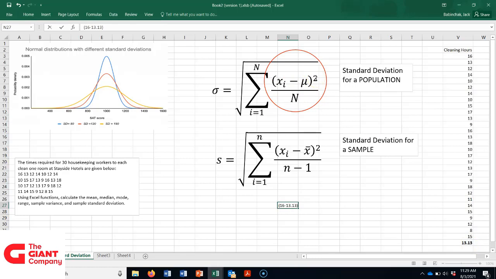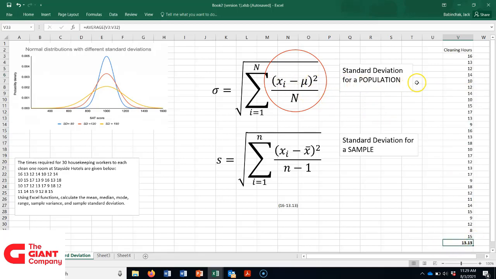Then I would square it, okay, and that would be my first value on this numerator here, the top of the equation. Then, again, according to this sigma, I would add the next calculation in that series. So the next one would be 13 minus 13.13 squared plus 12 minus 13.13 squared plus 14 minus 13.13 squared.